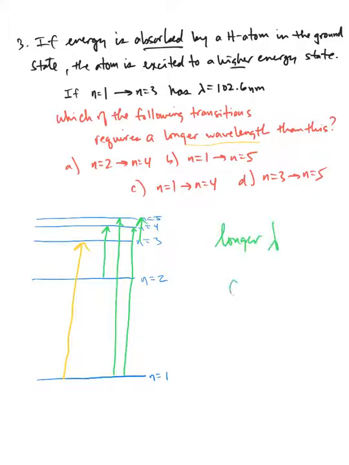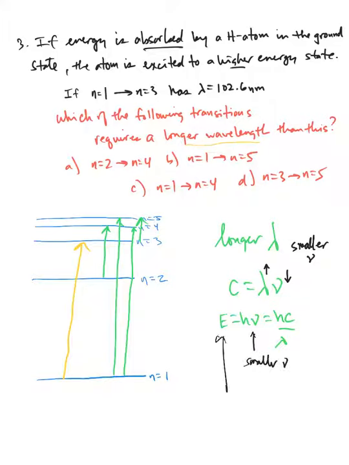Longer wavelength. Okay, so if you remember these equations, or if they give them to you on the test, you should use them. What does it mean when I have a long wavelength or a large wavelength? If I have a large wavelength, I have a small frequency. Smaller frequency. And if I have a smaller frequency, ta-da, I have a smaller energy.